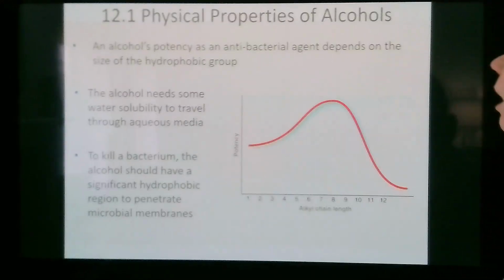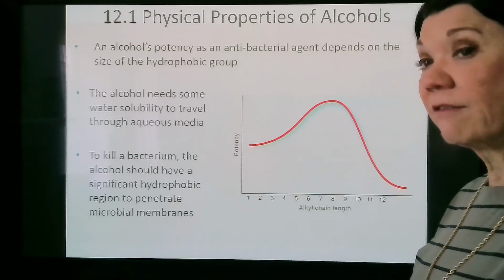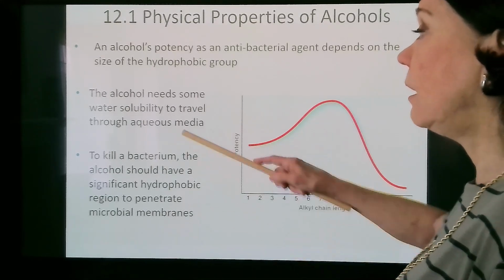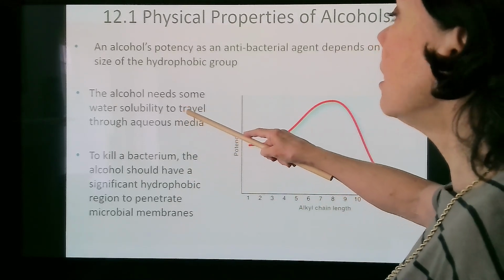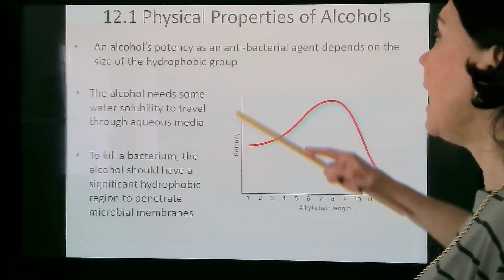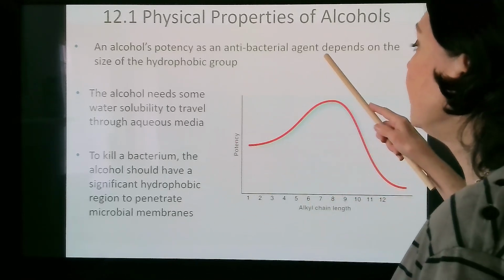So here, physical properties of alcohols. The physical properties are going to be determined by both the hydrophobic and the hydrophilic region. The alcohol needs some water solubility to travel through aqueous media and to behave as the antibacterial agent.